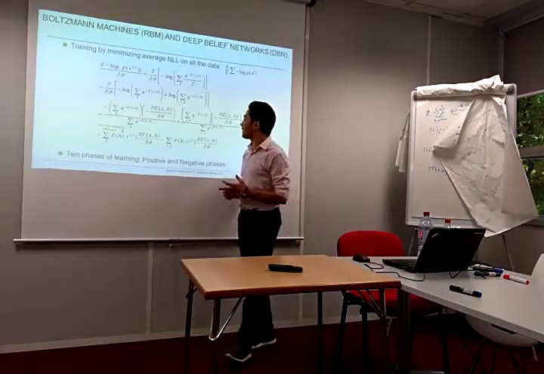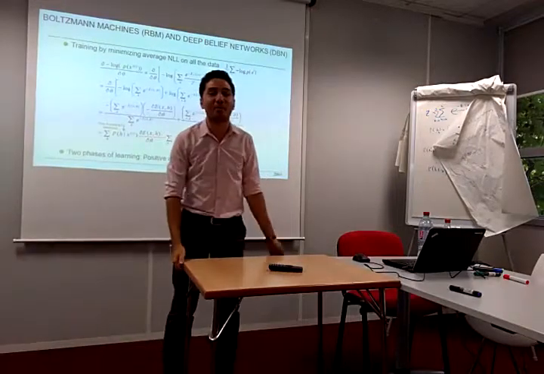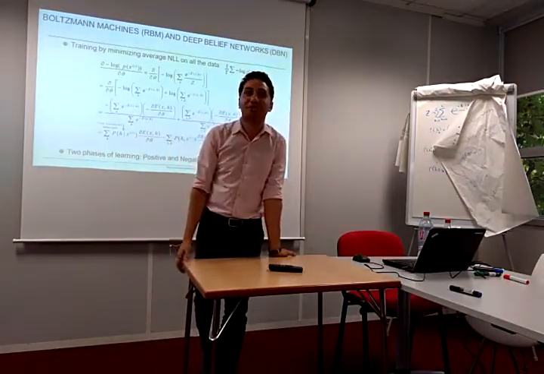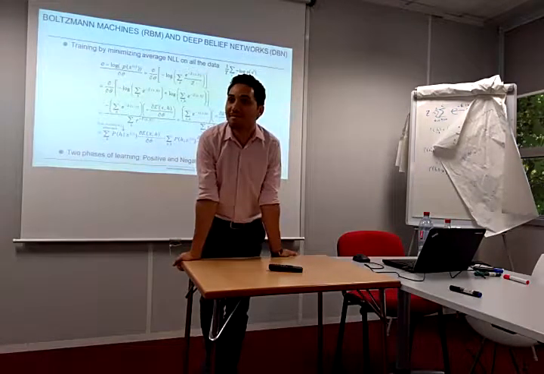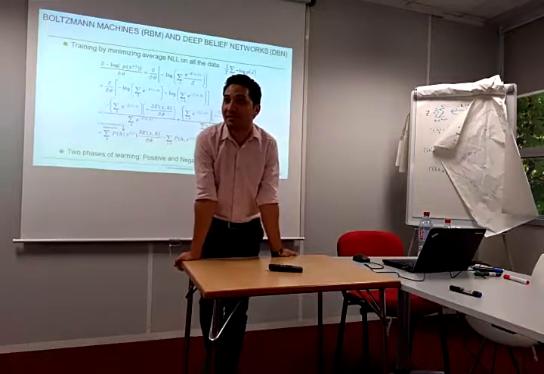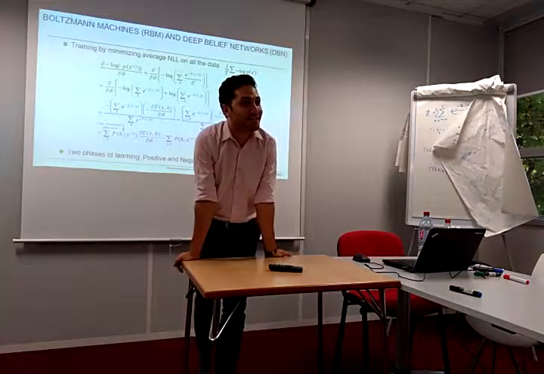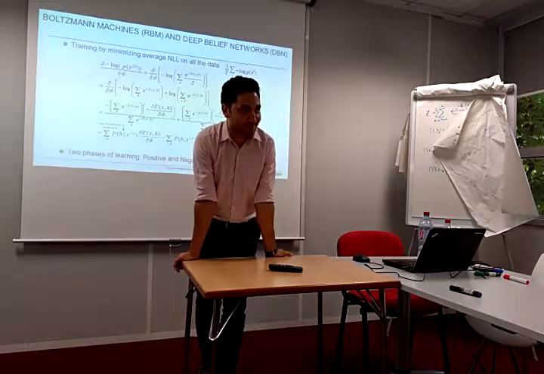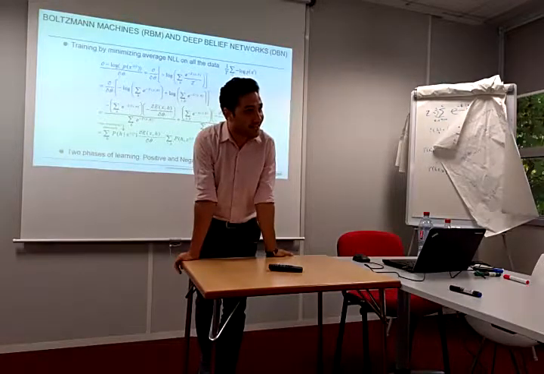Someone tell me, what is the probability of x and h? Please, can you tell me, but raise your voice. We assumed it. What was our assumption, Jeremy? Probability of x and h is exponential, 1 over z, exponential minus the energy.